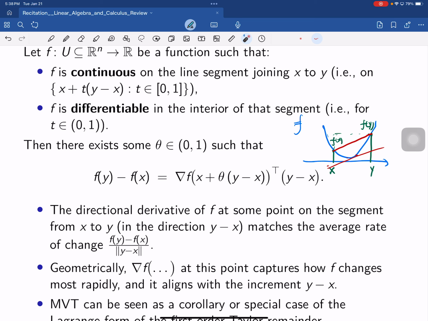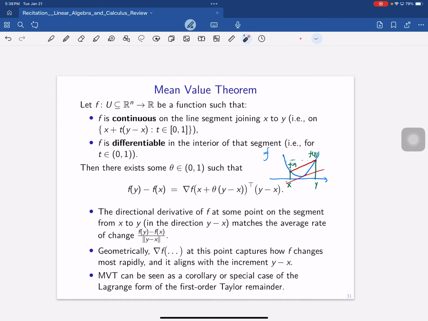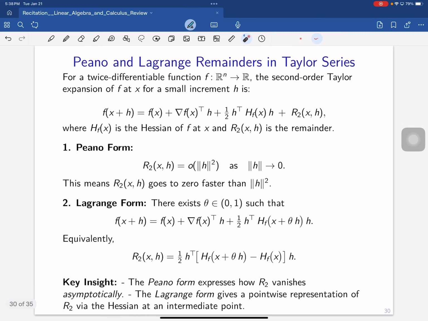You can view this as a special case of Taylor series expansion with Lagrangian remainders, because here we are talking about an interpolation of Hessians. This is like a second order mean value theorem, all right?